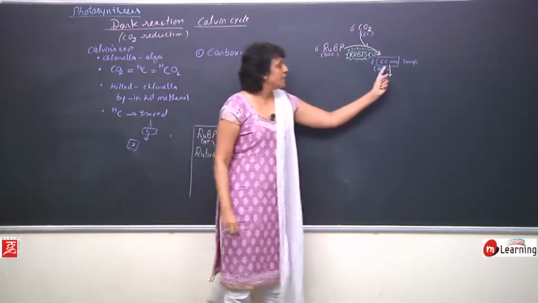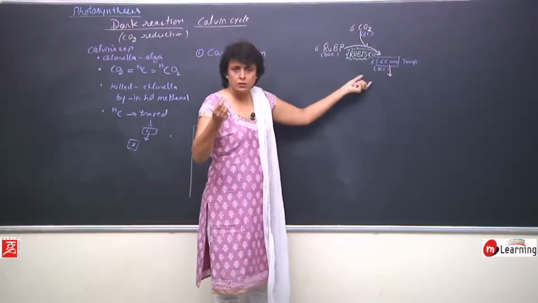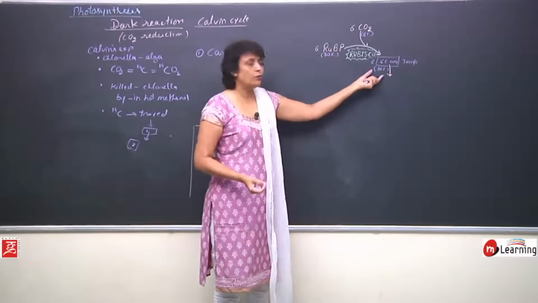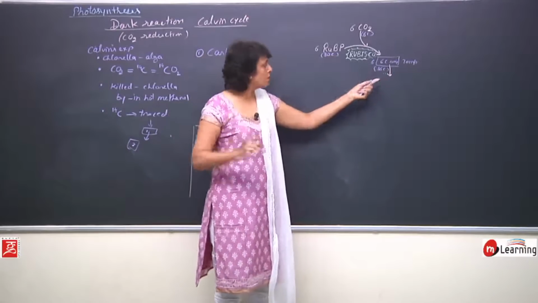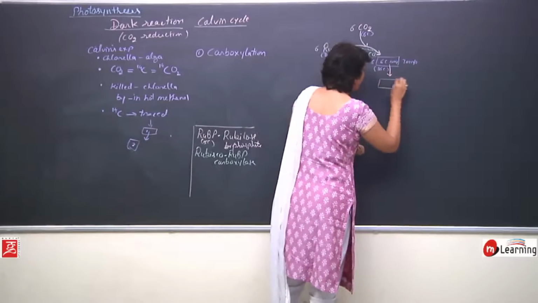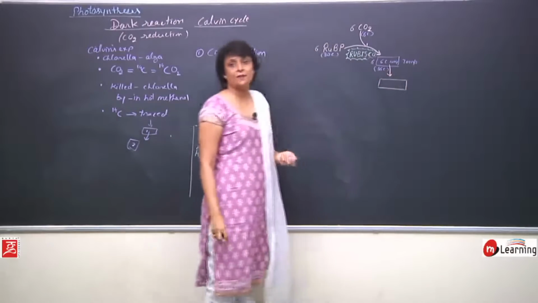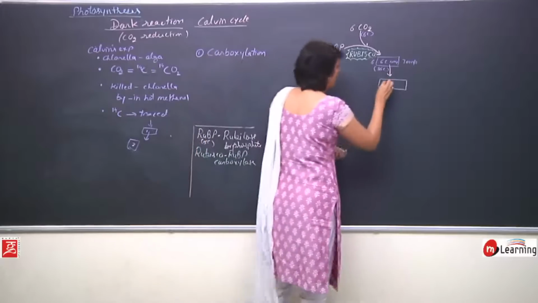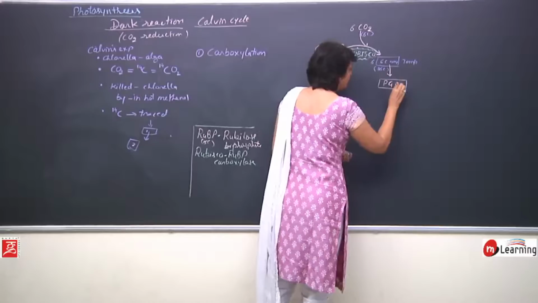Then only we will be able to understand where how many carbon compounds are going. So a small step in which a short-lived temporary complex is formed, it immediately dissociates into a 3-carbon compound. This 3-carbon compound is PGA.